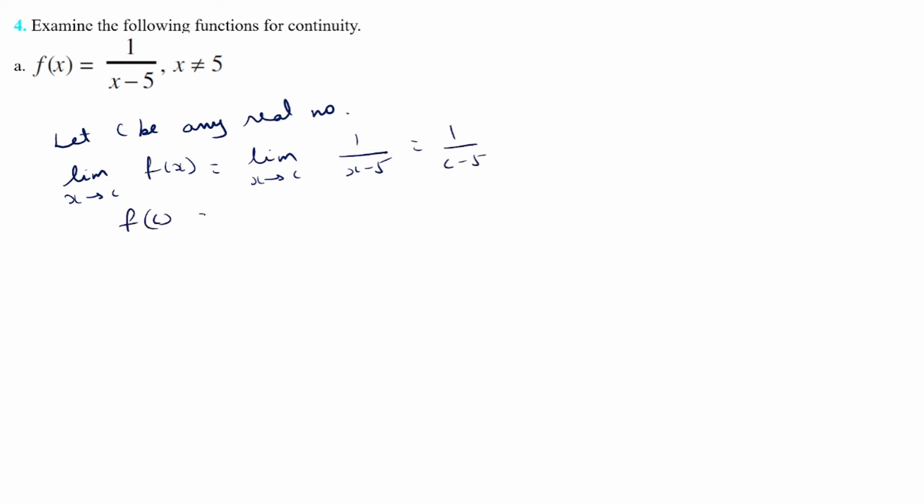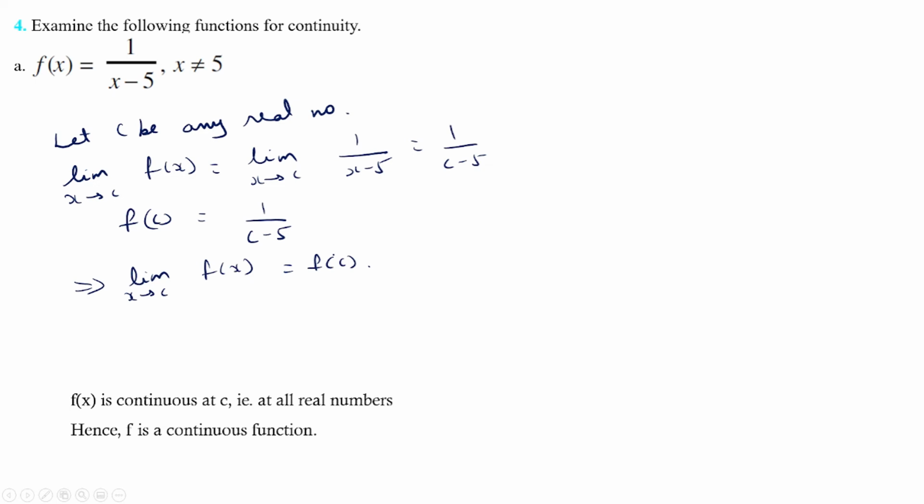Also f of c equal to 1 by c minus 5. So from this we have limit x tends to c f of x equal to f of c. Therefore, f is continuous at c, that is at all real numbers, and hence f is a continuous function at all real numbers except 5.